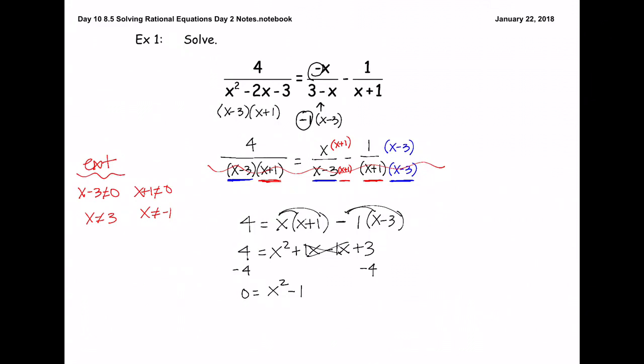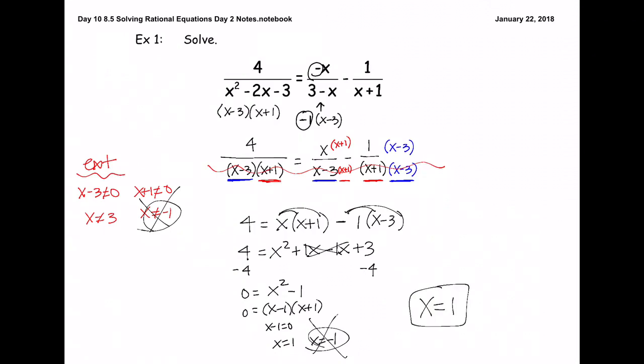So x squared minus 1 is quantity of x minus 1 times x plus 1. Set x minus 1 equal to 0. We get x is equal to positive 1. X is equal to negative 1. We know we have an extraneous solution of negative 1. So our solution is just x is equal to 1.